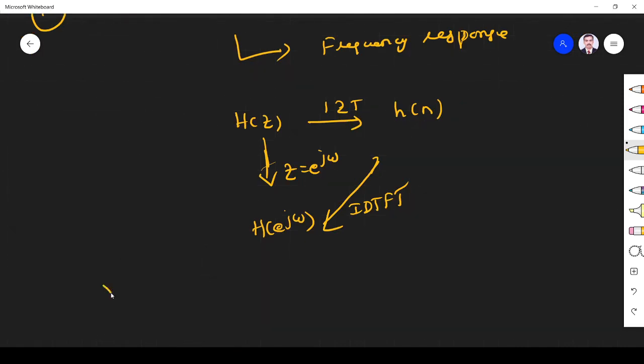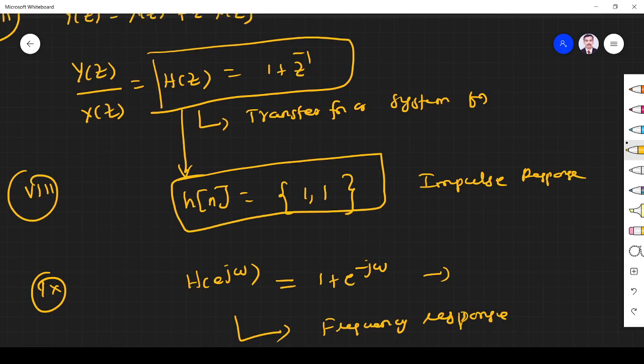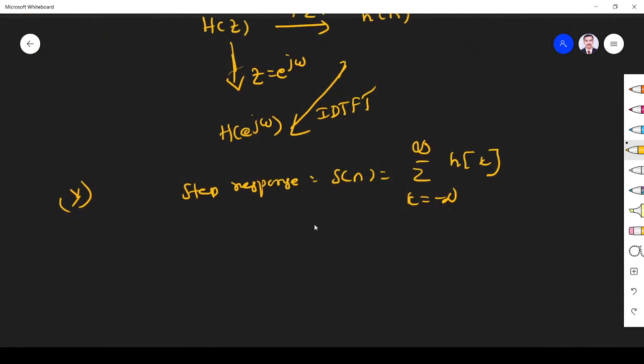10th concept, what we learned, is the step response. Step response is the sum of the impulse response. S of n is equal to the summation of h of k, k going from minus infinity to plus infinity. Here h of n is 1 comma 1, right? So h of k is 1 comma 1. k is just a variable. So I find s of n.